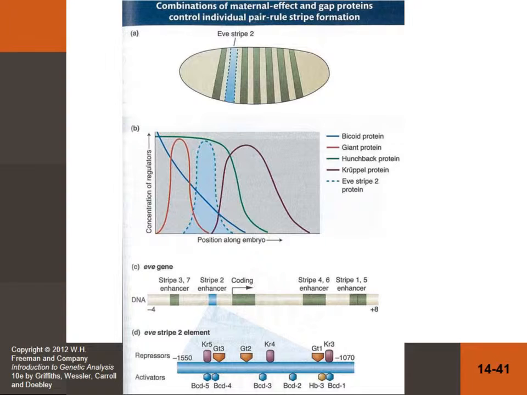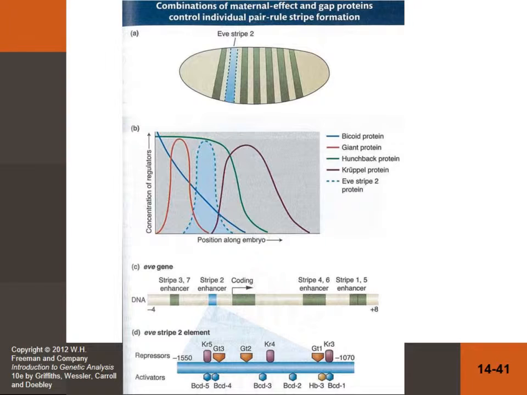So let's look at regulation or formation of that stripe by different levels of different proteins. We can see that in the graph in B, where the y-axis indicates the concentration of the regulators, and the x-axis indicates the position along the embryo.